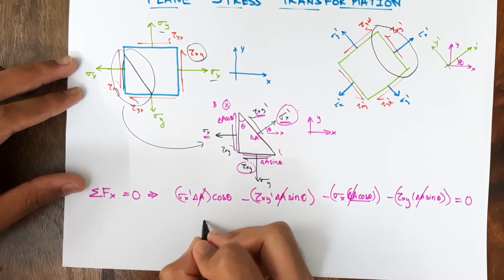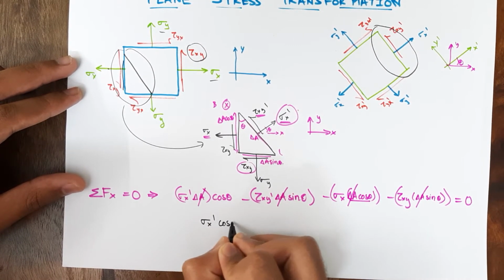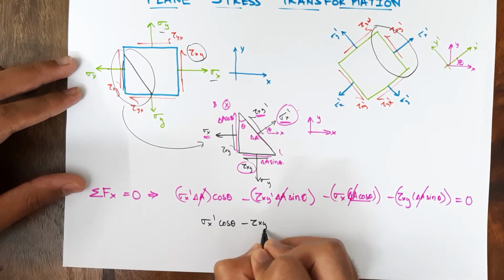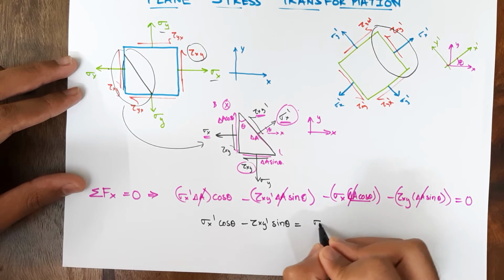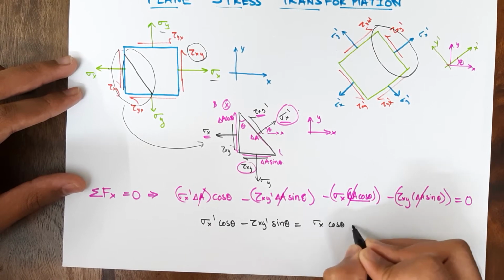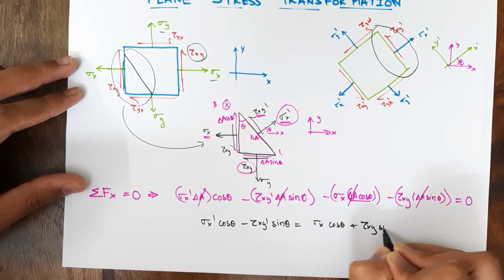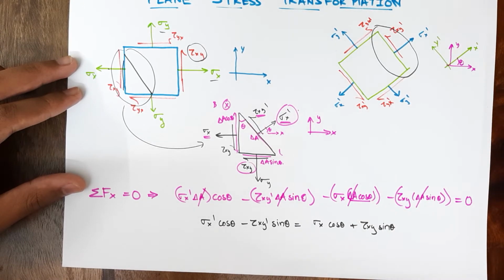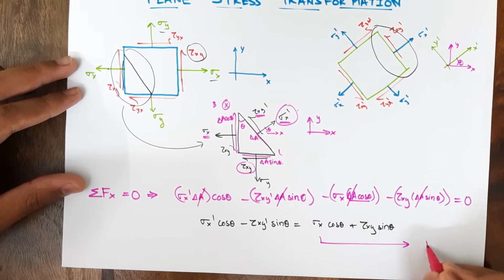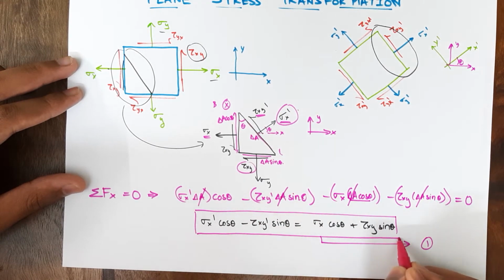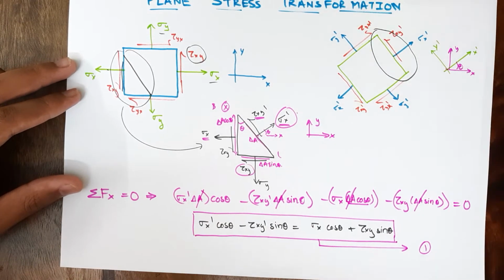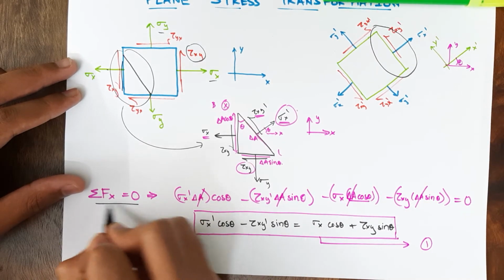So now we'll get sigma x dash cos theta minus tau xy dash sin theta is equal to sigma x cos theta plus tau xy sin theta. So this is our equation 1. So we just did force equilibrium in the x direction.